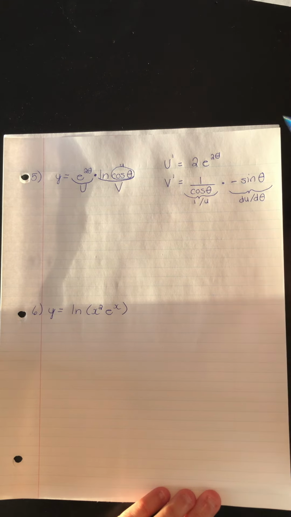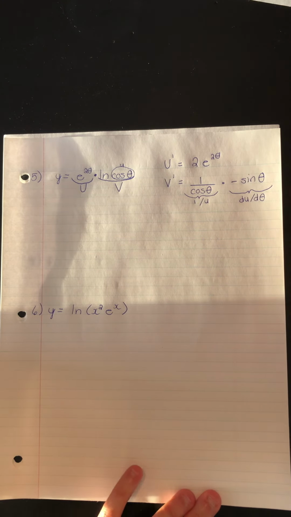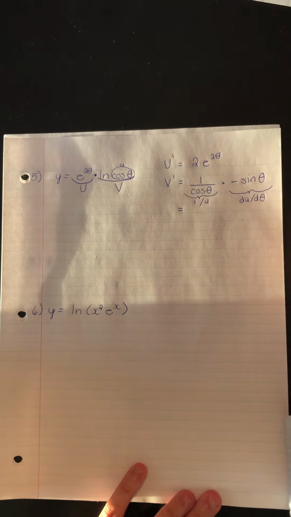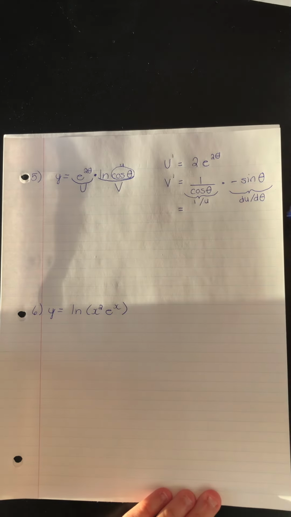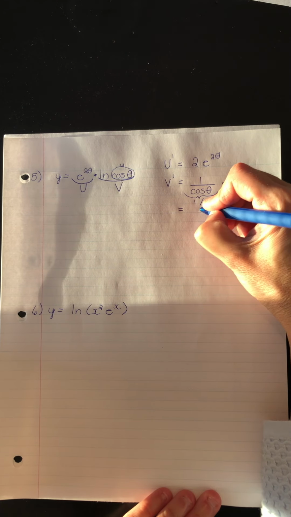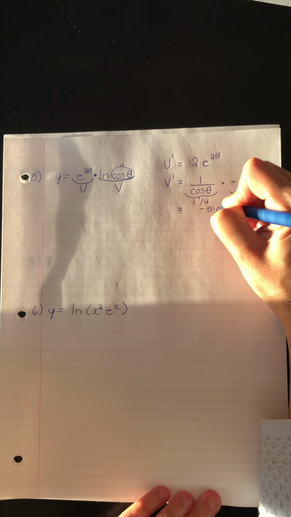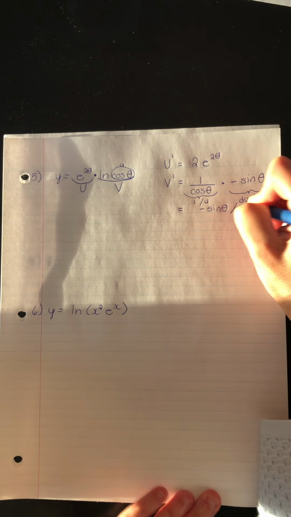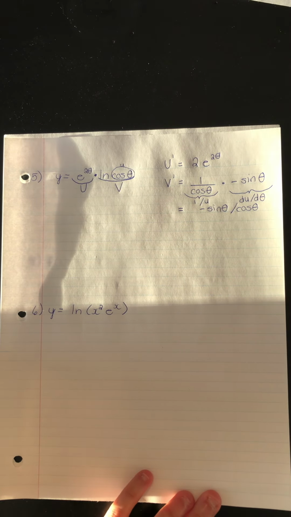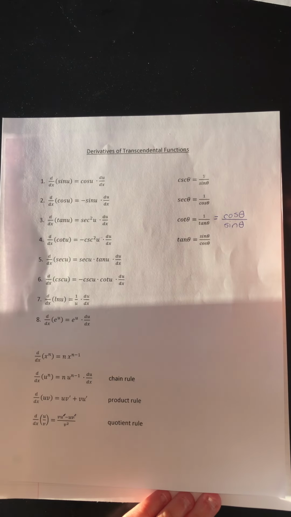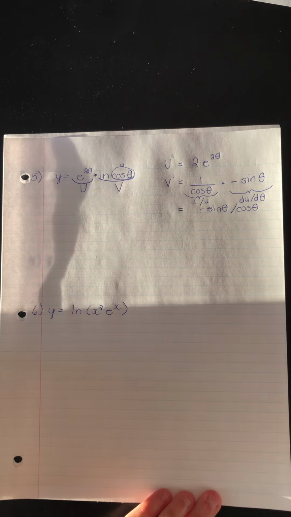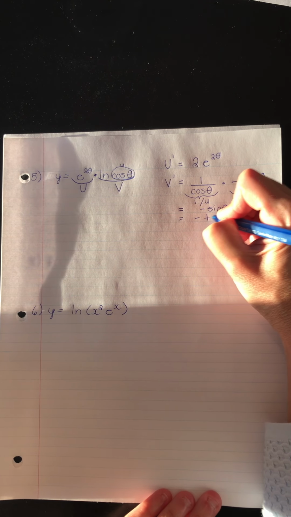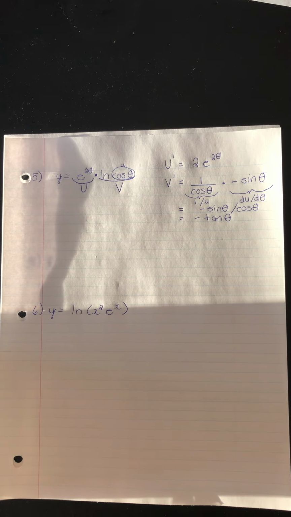This is the same as negative sine theta over cos theta. All right, negative sine theta over cos theta is what we have now. And sine over cosine is tangent. So this is negative tangent theta. Just like that.